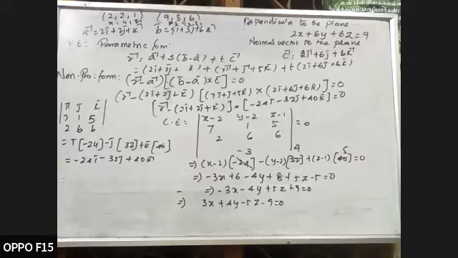Find the parametric form of vector equation and Cartesian equation of the plane passing through the points 2, 2, 1 and 1, minus 2, 3.